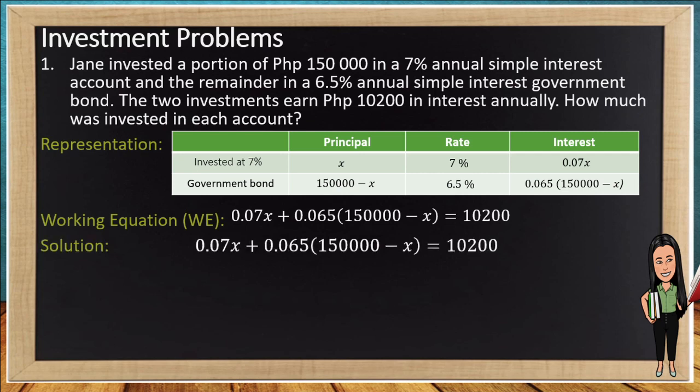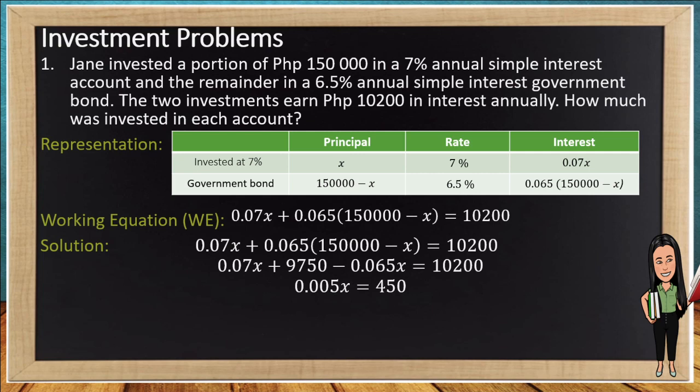We now solve. Okay, distribute yung 0.065 and then yung x sa x and sa 150,000, and then combine like terms. So we have 0.005x on one side and 450 on the other side.